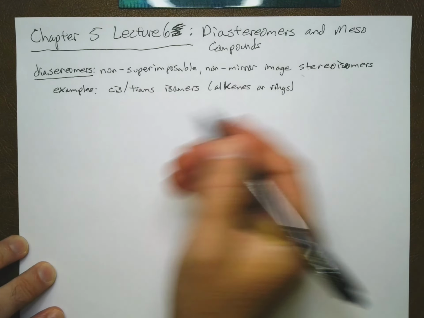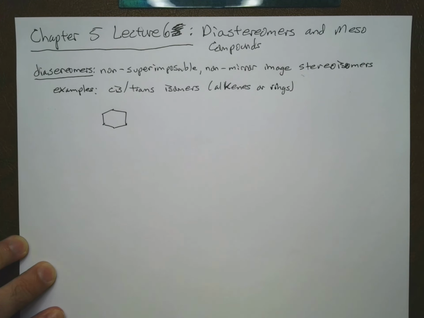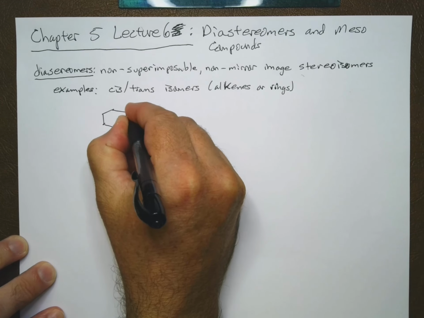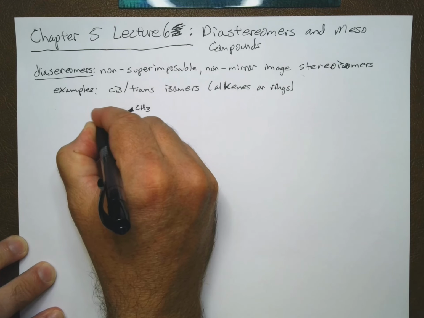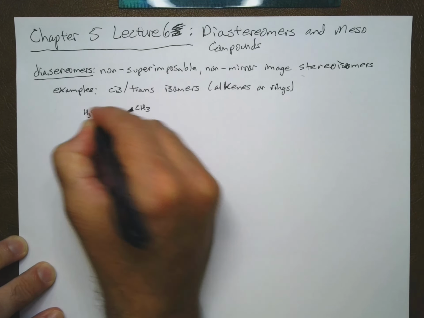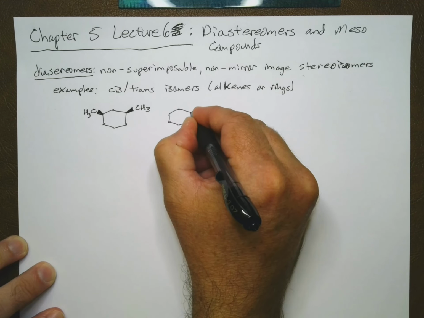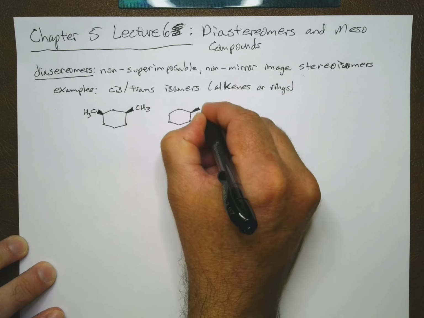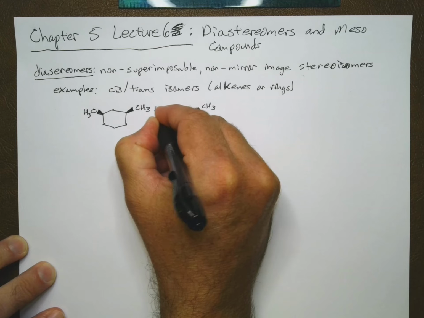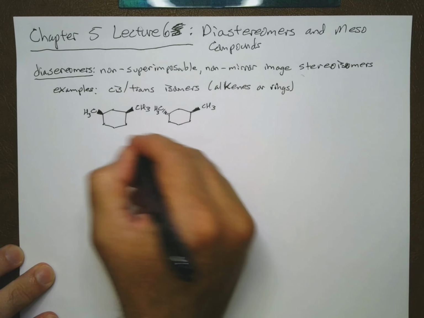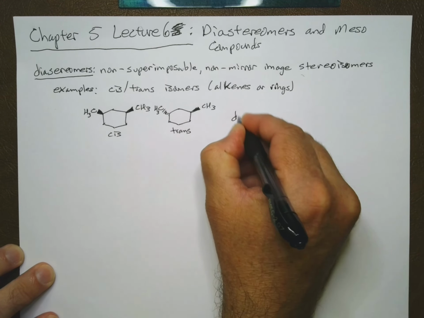So for example, let's take a look at CH3, CH3. If I have cis-1,3-dimethylcyclohexane and trans-1,3-dimethylcyclohexane, these are diastereomers.